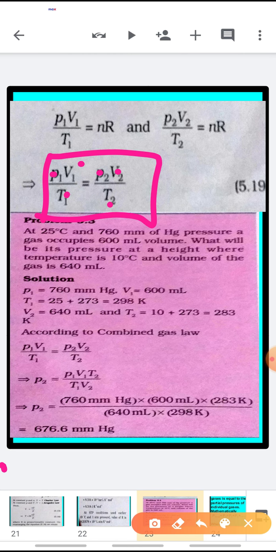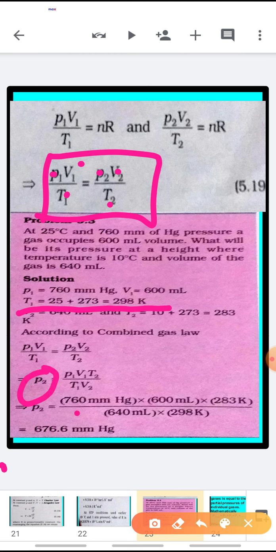Now putting all these values, you have to remember that temperature must be put only in Kelvin. So converting 25 degrees Celsius to Kelvin, we add 273. Now putting all the values, we can calculate P2.